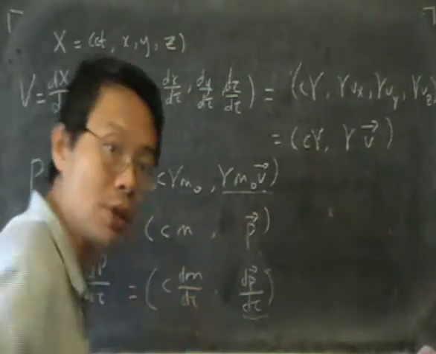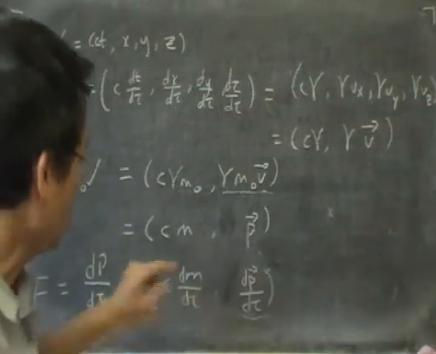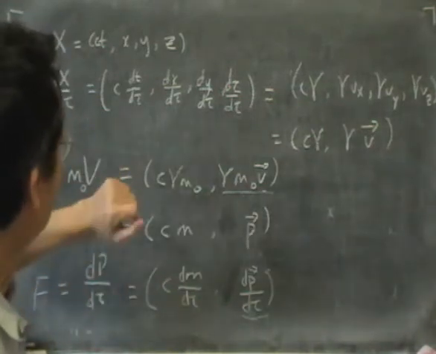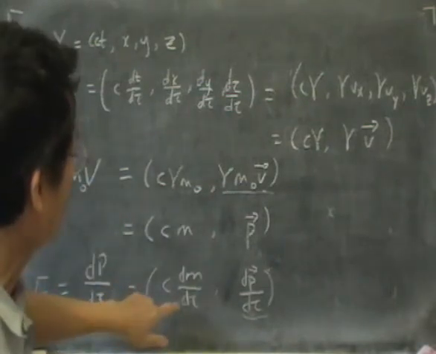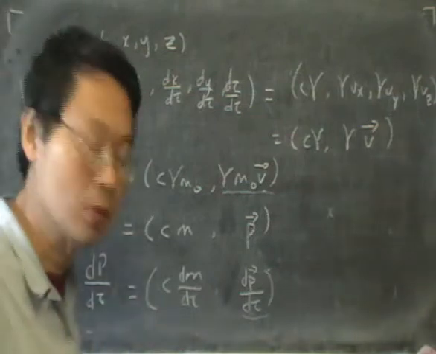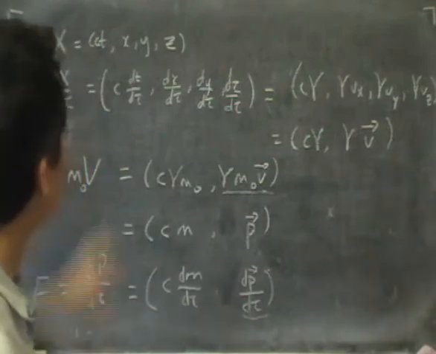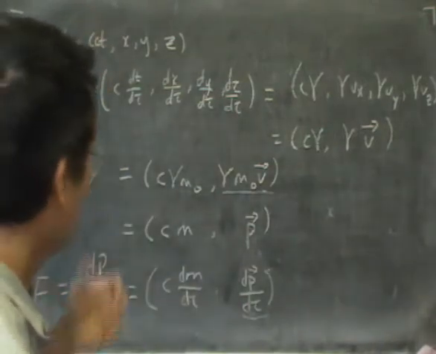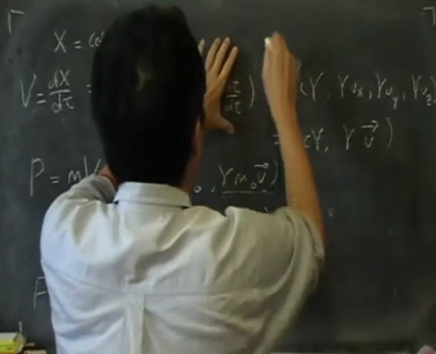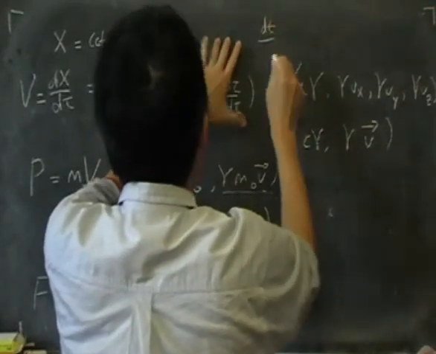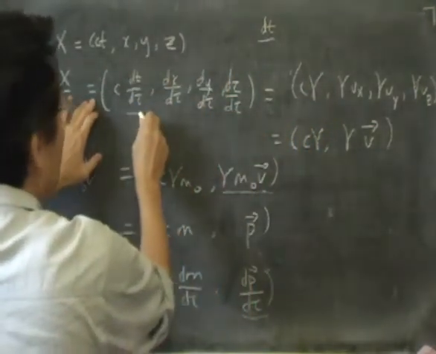Velocity times relativistic mass. So with the 4 force, I now have this expression, and as with the 4 velocity, we would want to express the tau here in terms of the time in this frame of reference, the t. So if you recall, we already have it here, dt over d tau was gamma.